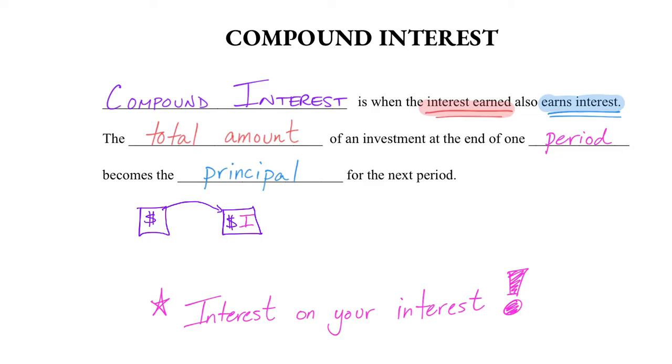So during that next time period, I'm actually earning interest on my original dollar amount, as well as interest and more interest. And so what we would then say is my interest is going to compound because I am earning interest on my interest.